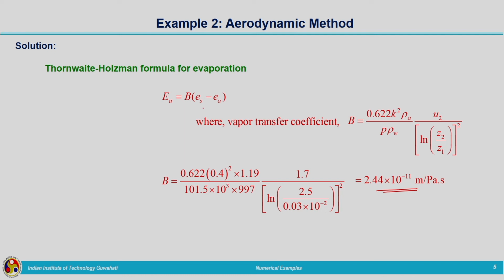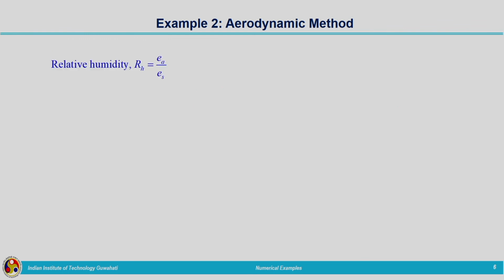Now, we need to have the values corresponding to ES and EA. ES is given to us, and we need to calculate the value corresponding to the prevailing vapor pressure. Relative humidity is given to us. When we were discussing water vapor dynamics, we have seen different expressions corresponding to specific humidity, relative humidity, all those.